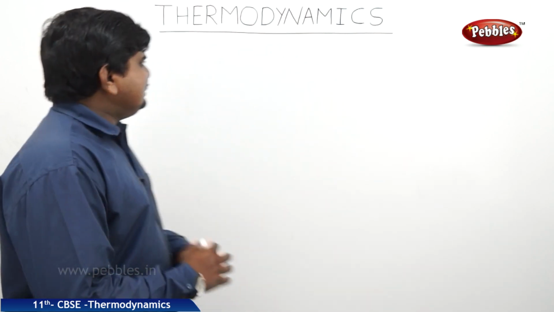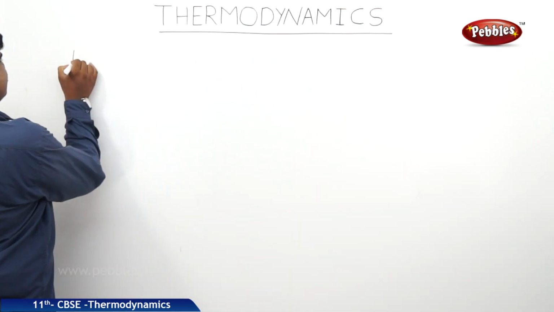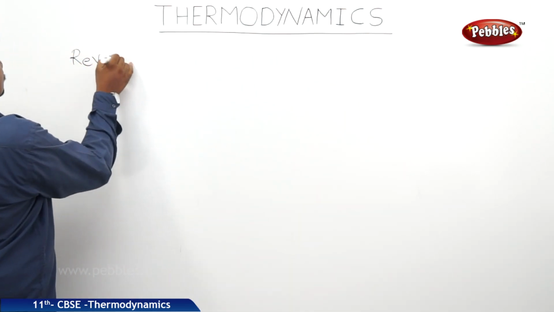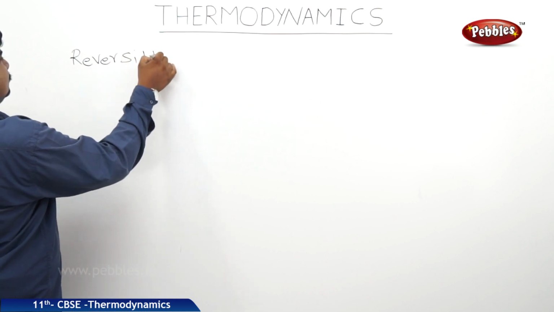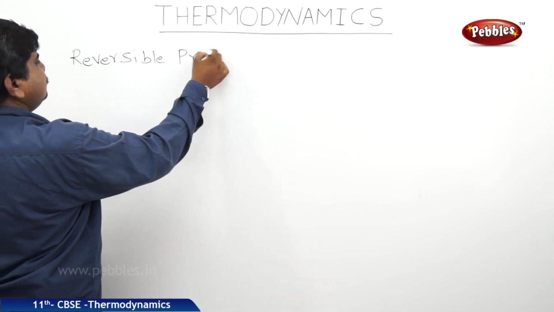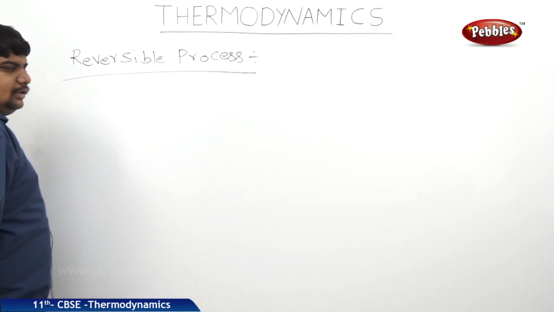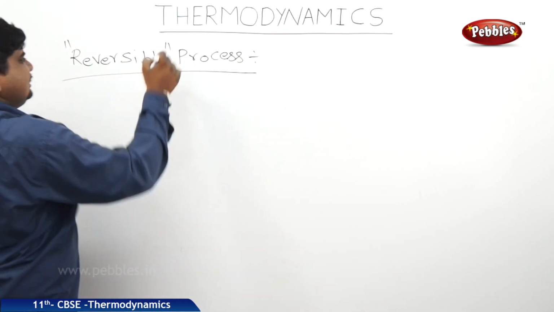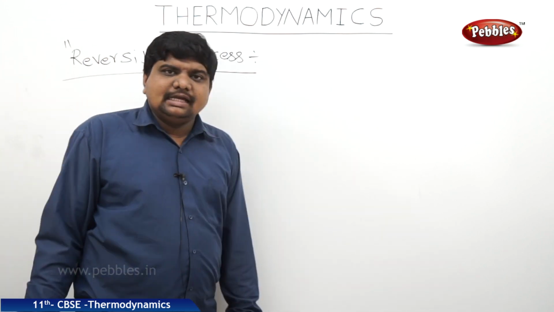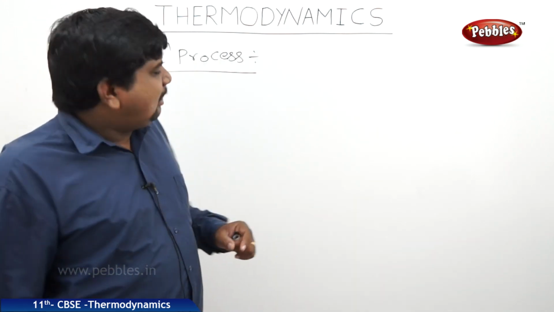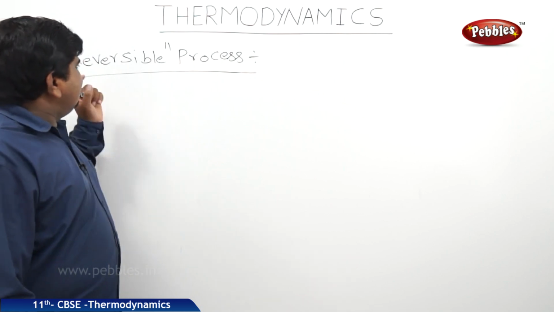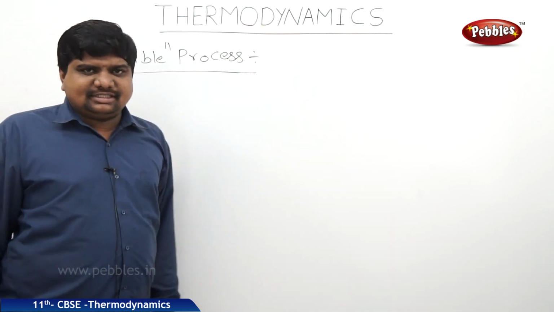The next one is the reversible process. The title itself says that it is a reversible process. Cyclic, non-cyclic are almost similar to the reversible and irreversible process.